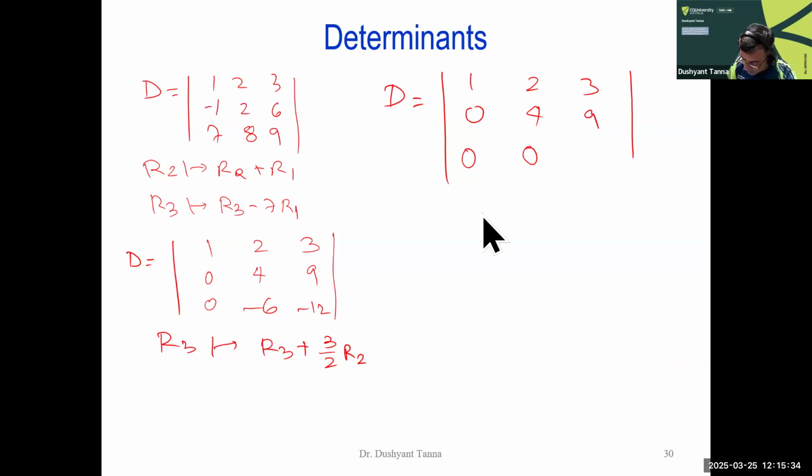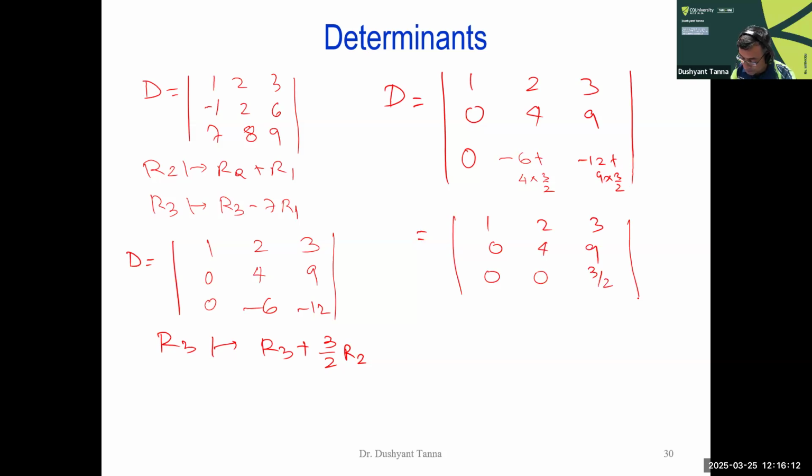If you want, you can do it like this, at least initially. You go to -6 plus 4 times 3/2. 4 times 3/2 is 6. -6 plus 6 should be 0. You had -12 plus 9 times 3/2. Once you simplify it, the first row 1, 2, 3, 0, 4, 9, 0, 0, -12 plus 27 on 2, that will give you 3 on 2.